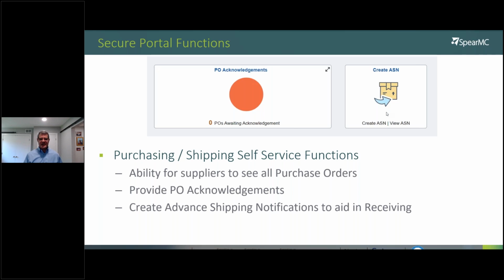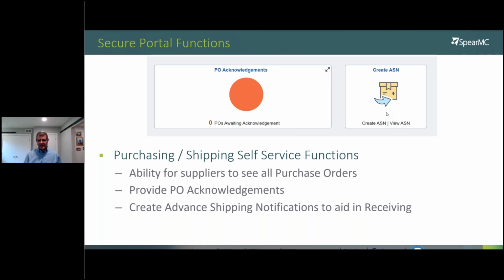What does this do? This actually helps receiving a great deal. When there's an advanced shipping notice, we're sending them important information, like it might be serial numbers on the things that we're sending, when it's coming. And in PeopleSoft, it creates a template receiver so that the receiving department can pull that up, match it against the actual receipt, and save a lot of keystrokes on their end.